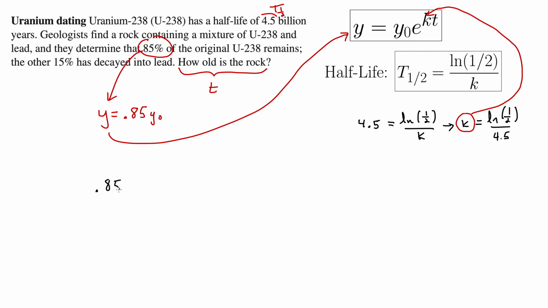So we're plugging in a lot of things into our equation for exponential decay. We have 0.85 y naught equals y naught e to the k, which is natural log of 1/2 over 4.5, times t. Again, the y naughts cancel out, and we're left with 0.85 equals e to the natural log 1/2 over 4.5 times t.